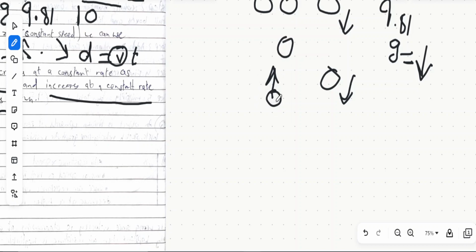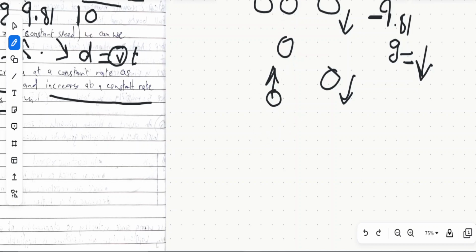So your ball will always have some force or acceleration downwards, because the earth is pulling this ball towards itself. So your gravitational acceleration would always be negative 9.81, because when the ball is going up, gravity is always pulling it down. So this is one thing.